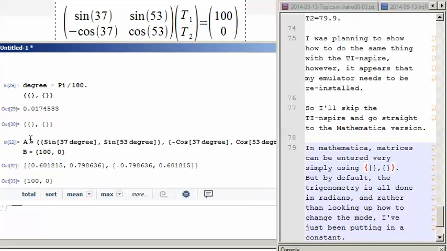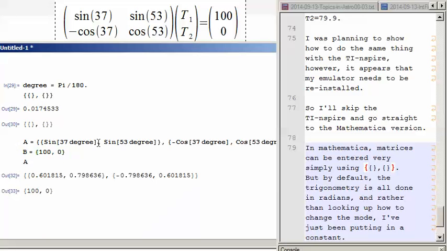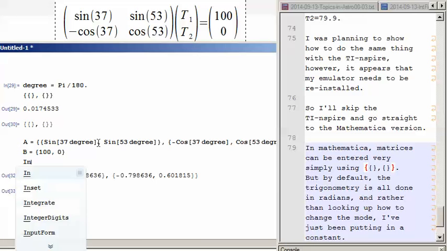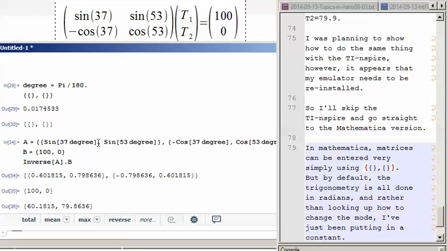And then I just say A inverse A dot B, and it gives us those two numbers.